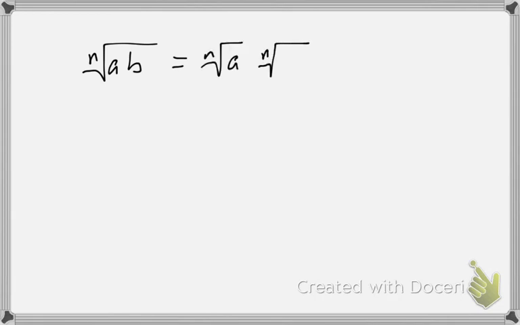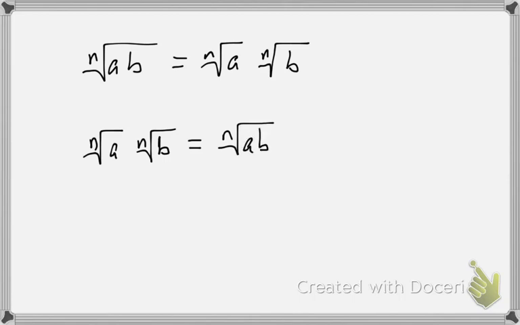Nth root of a times nth root of b. Well, everything in math is a two-way street. So this means nth root of a times nth root of b is nth root of ab. So we have a rule for multiplying radicals together.